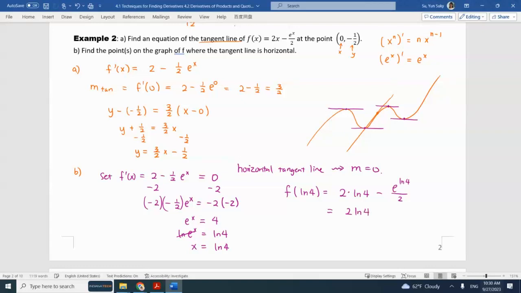We get 2 ln4 minus 2. So the point is: the x coordinate is ln4, the y coordinate is 2 ln4 minus 2. So we have 1 point. So far, so good, everybody?